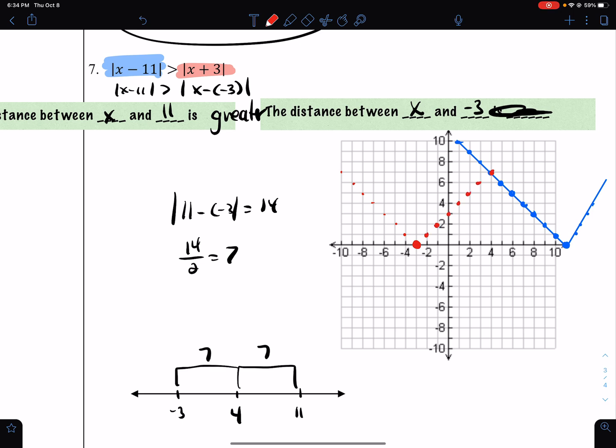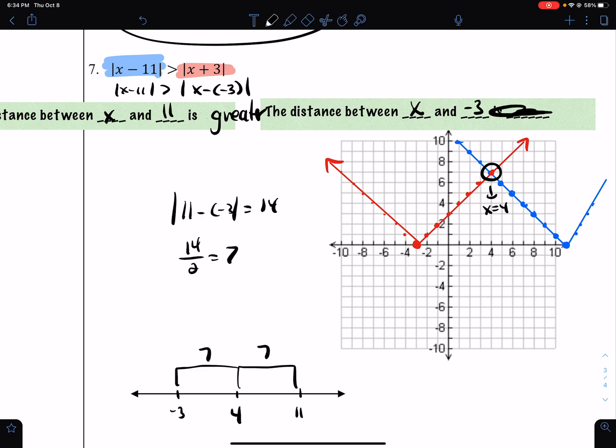Notice where they intersect. Oh, that's kind of a bad line. But notice how they intersect right here at this x value of 4. Now that's not the exact answer, right?